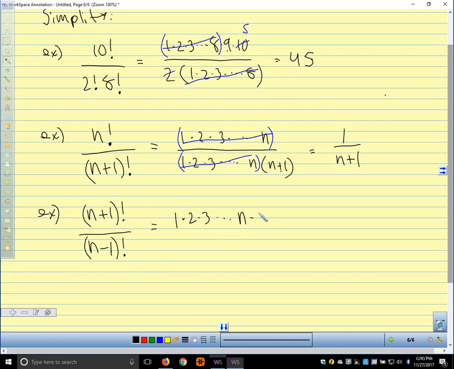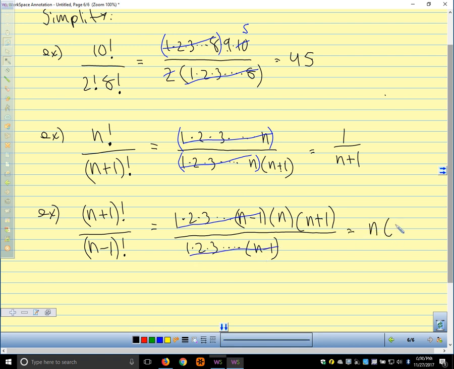Times n minus 1, because that's still less than n plus 1, times n, that's 1 bigger, and then I get to n plus 1. And in the denominator, I have 1 times 2 times 3 times dot dot dot, all the way up to n minus 1. And then I can cancel all of these. And this equals n times n plus 1.